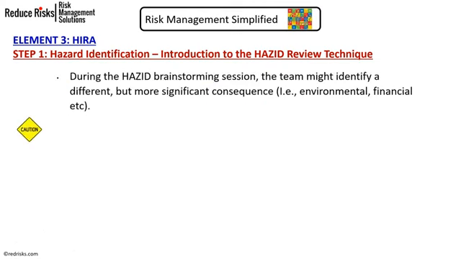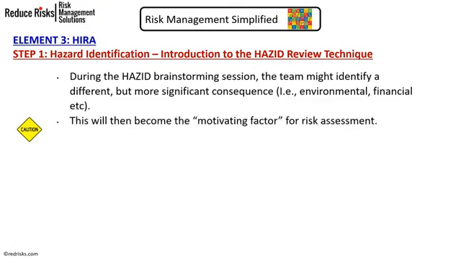Some cautionary notes. During the hazard brainstorming session, the team might identify a totally different, but more significant consequence. In other words, it might be more to do with environmental or financial. This will then become the motivating factor for the risk assessment.